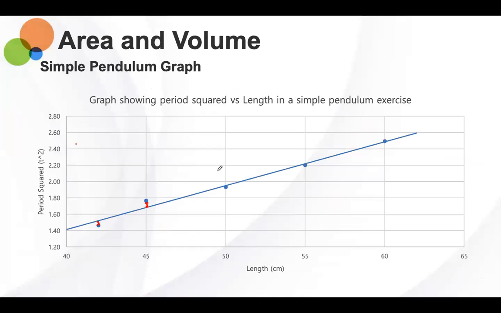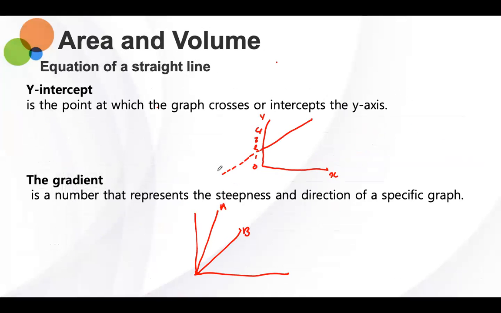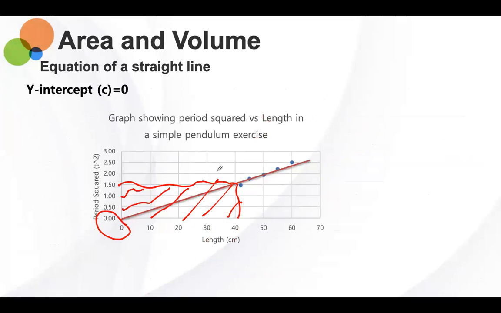But if we drew the graph like how we were supposed to draw it, starting from zero, we'd have a lot of unwanted space here, a waste of graph paper. We want to use up most of our graph paper. So we can cut our graph starting at 40 because our result starts at 42, right? Our result starts at 42, so therefore we can start at 40.